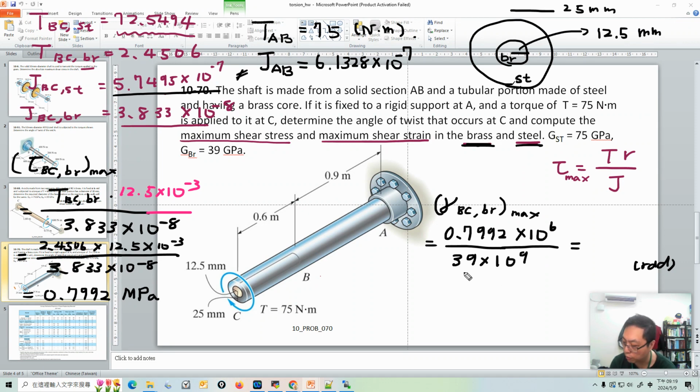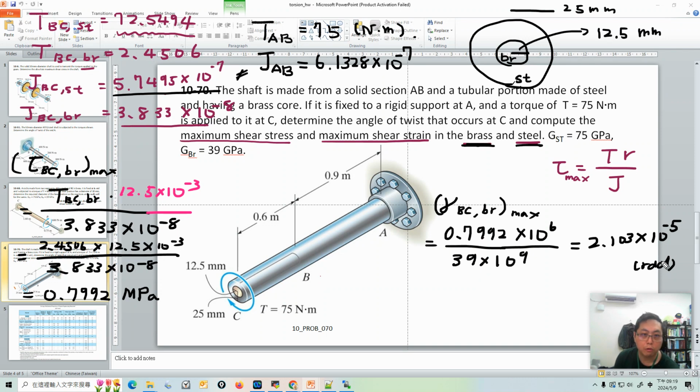So just use your calculator again. The shear strain is 2.103 times 10 to the power minus 5 radians.